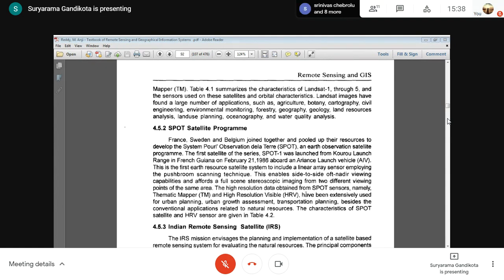The high-resolution data obtained from SPOT sensors, namely the thematic mapper and high-resolution visible HRV, have been extensively used in conventional applications.